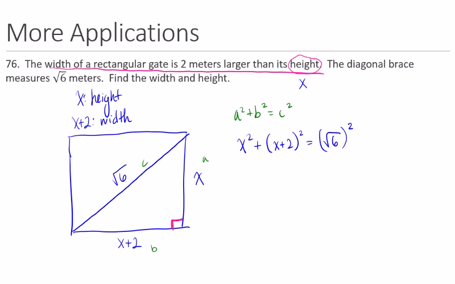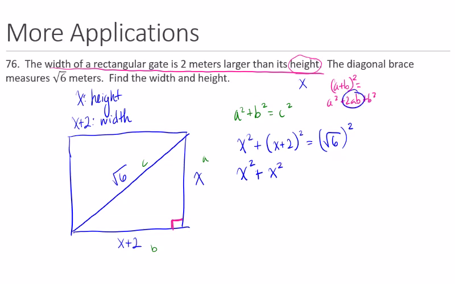All right, and so now I'm going to simplify. So remember that when we're expanding a binomial, we do have a shortcut. We know that a plus b quantity squared is a squared plus 2ab plus b squared. So I'm just going to bring down the x squared here, and then to expand this, I'm just going to square the first term.